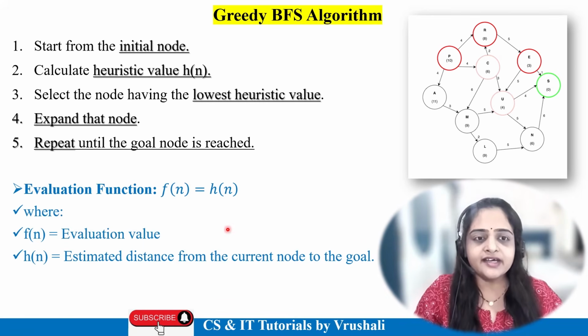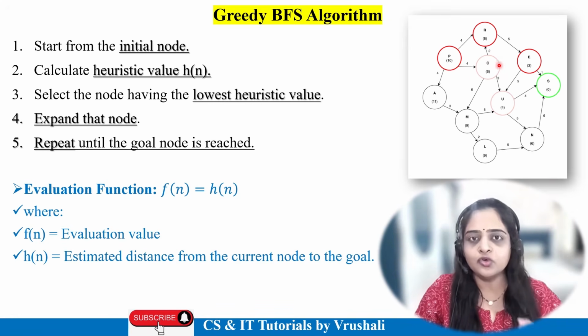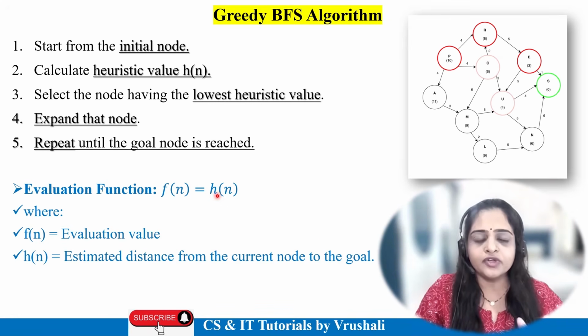So basically there is one function in the BFS algorithm: f of n equals h of n. Here f of n means the final evaluation function, and h of n means the estimated distance from the current node to the goal node. Okay. So you have to remember that f of n is equal to h of n in the greedy BFS algorithm.